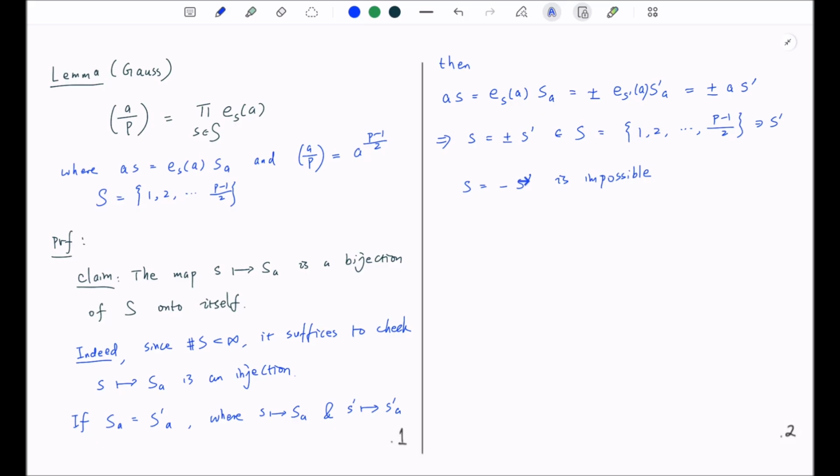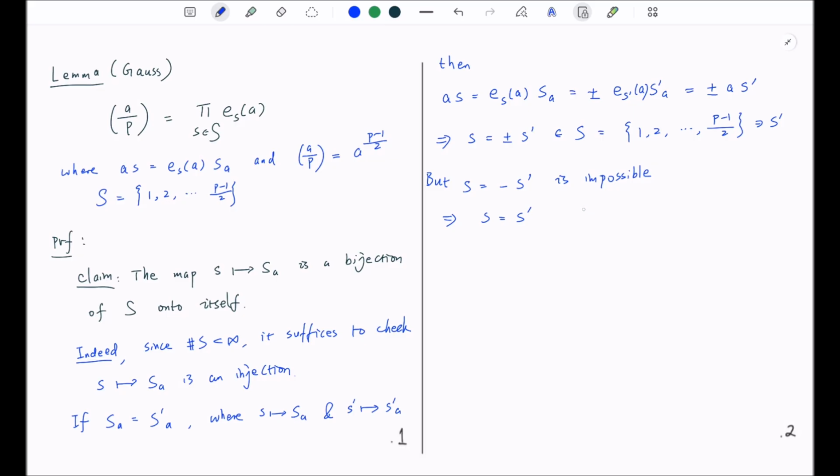So S plus S prime is less than or equal to p minus 1. So S plus S prime cannot be divisible by P, because S is between 1 and (P minus 1) divided by 2, and S prime is also between 1 and (P minus 1) divided by 2. So S plus S prime cannot be 0 modulo P. So the only possible situation for this to be true is that S is equal to S prime.